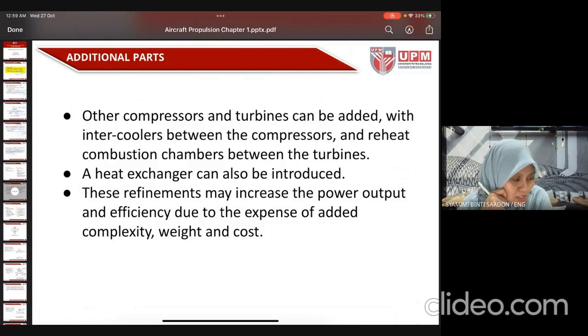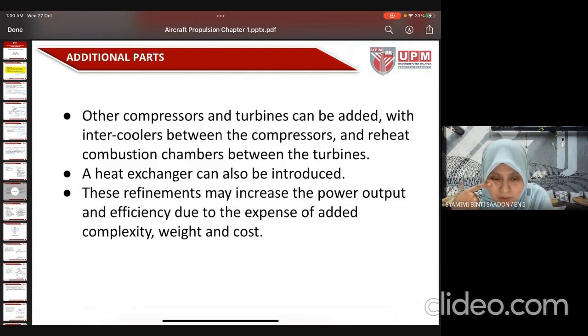So sometimes we add intercoolers between the compressors to reduce the power used in the compressor. Okay, so we add intercoolers and reheat combustion chambers between the turbines. So before the fluid enters the turbine, it will be reheated, depending on how many reheaters we have. Okay, a heat exchanger can also be introduced.